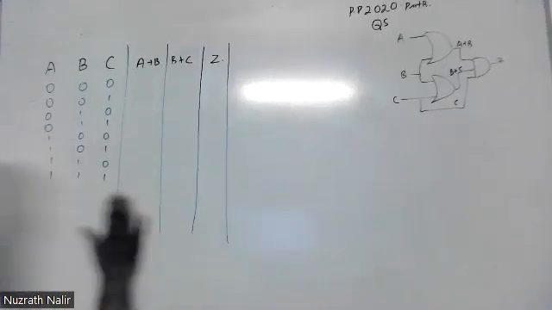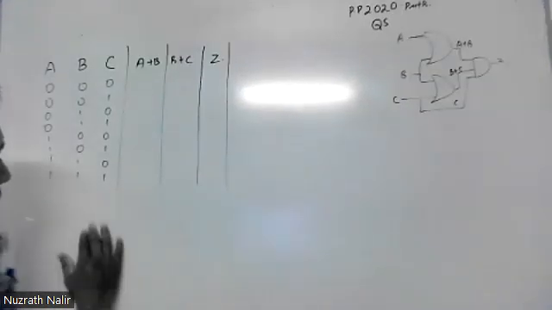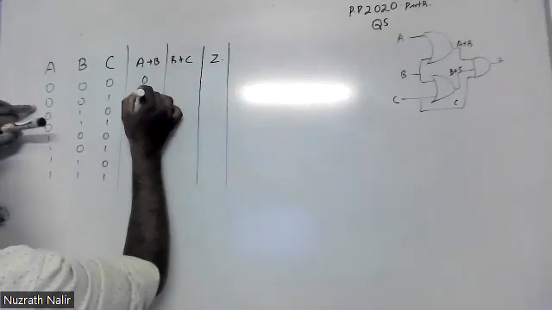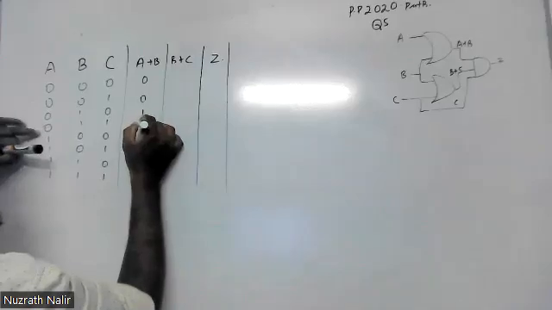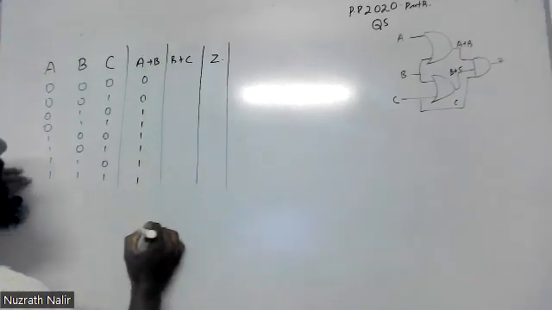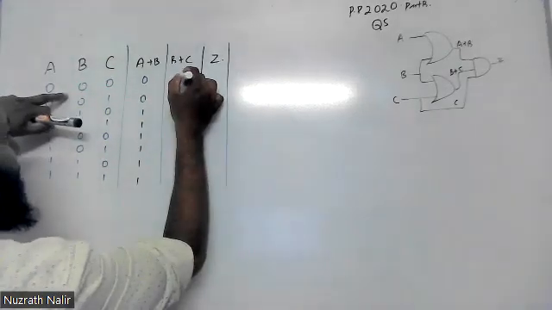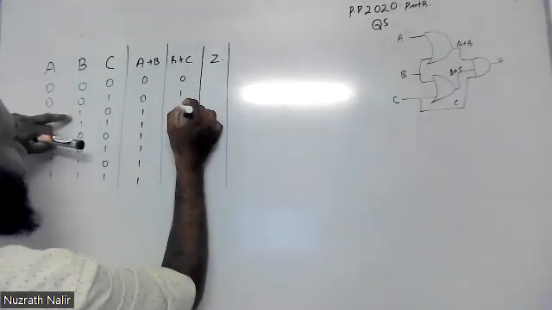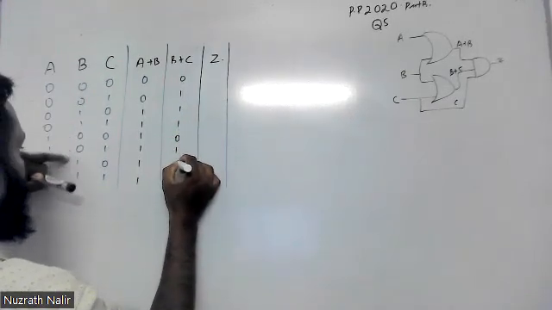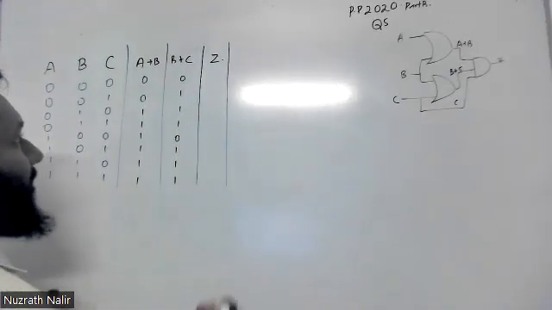So this is your basic input. I hope you know this one. A plus B is equal to 0, 0, 1, 1, 1, 1, 1, 1. And B plus C is equal to 0, 1, 1, 1, 0, 1, 1, 1.